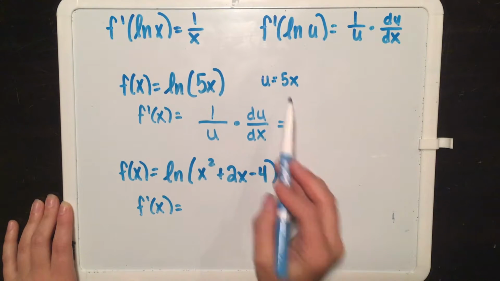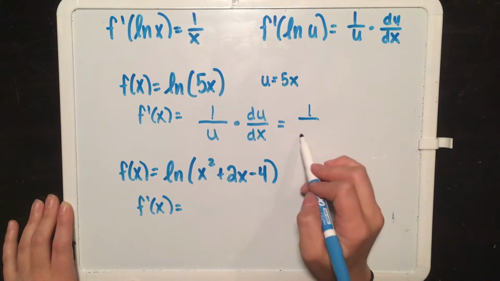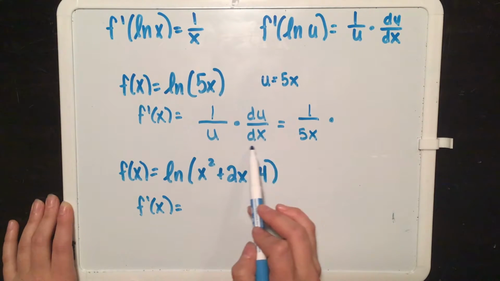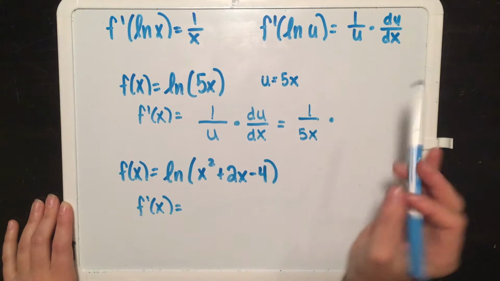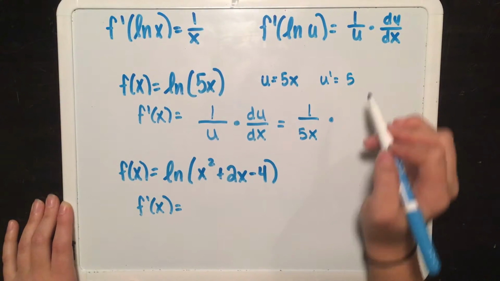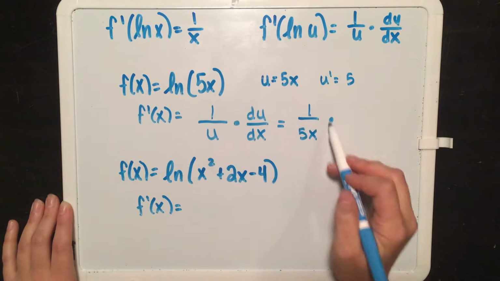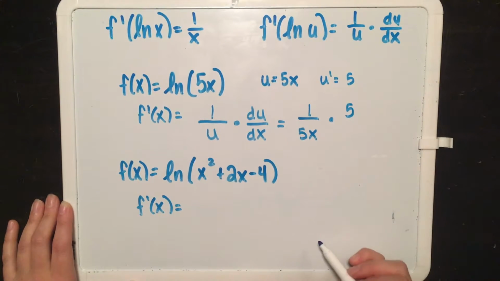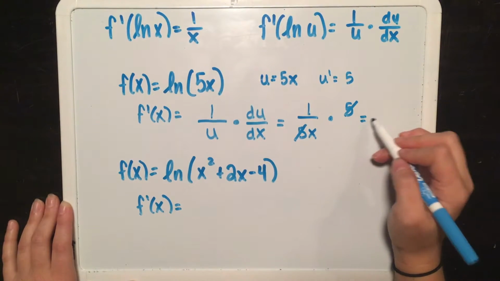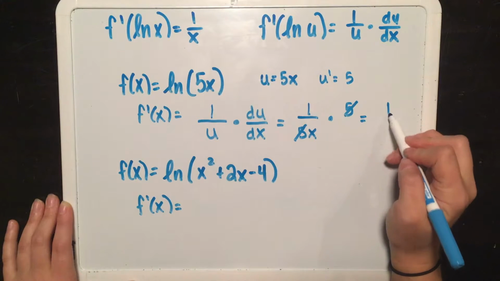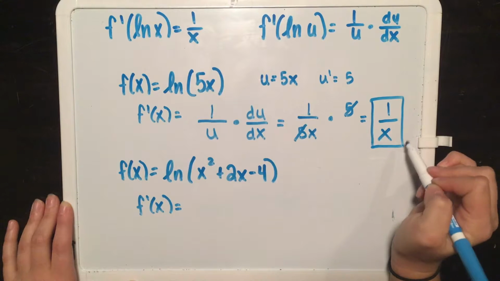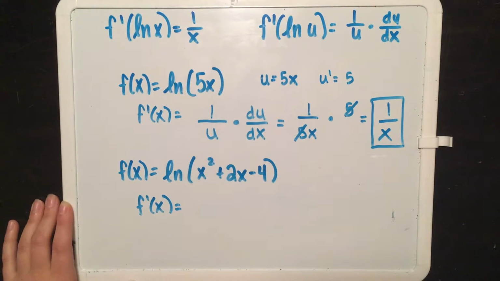So u is 5x, so following the formula, 1 over 5x times the derivative of u with respect to x. u prime equals 5. So we have to multiply this term by 5. And if we reduce, our 5 cancels on the top and bottom, and we're left with just 1 over x as the derivative of natural log of 5x.